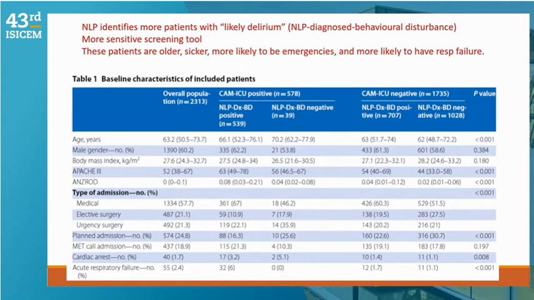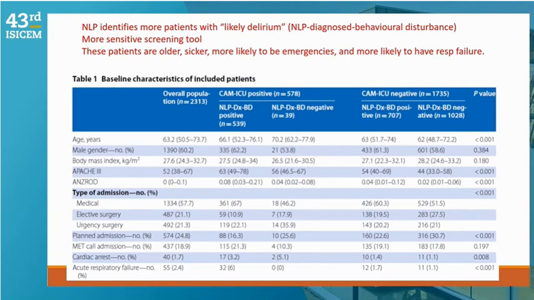And the first thing you want to ask yourself is, does NLP diagnose a population where there is some face validity that these patients will be likely to be delirious? And then you'll be looking for sickness, and age, and emergency, and illness severity, and that makes sense.